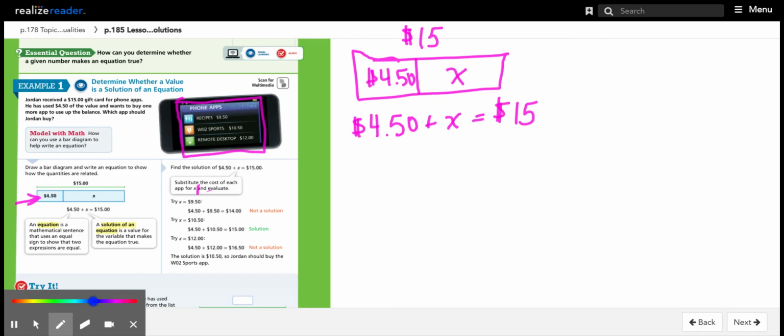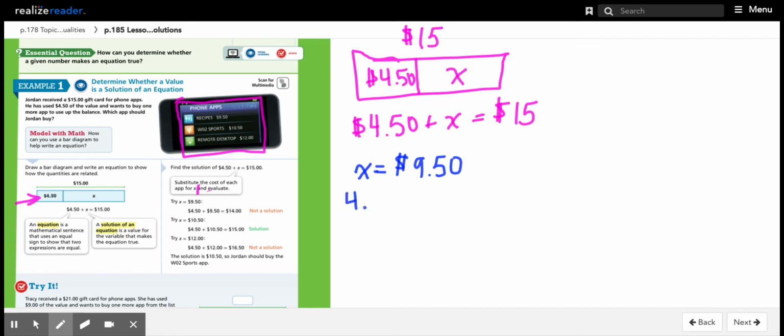So that's going to tell us that X will equal $9.50. You should be writing this. So let's rewrite our equation. 4.5, I'm going to get rid of the dollar signs, plus X is going to equal 15. Well, what did we say that X equals? We said here that X equals $9.50 or 9.5.